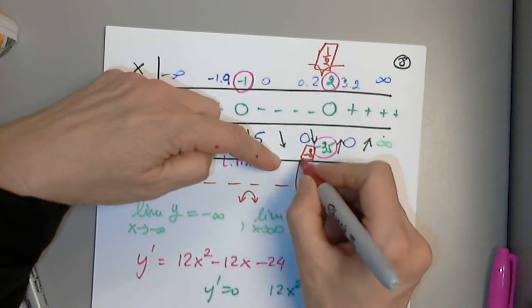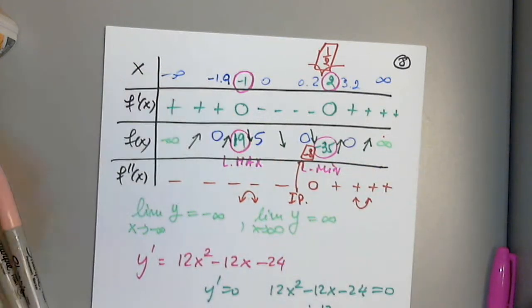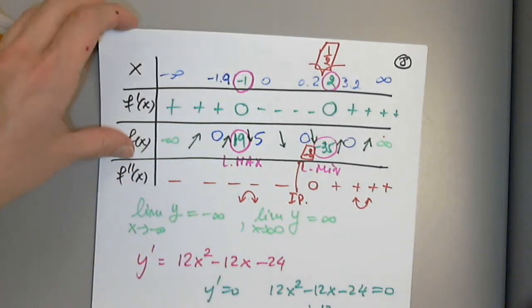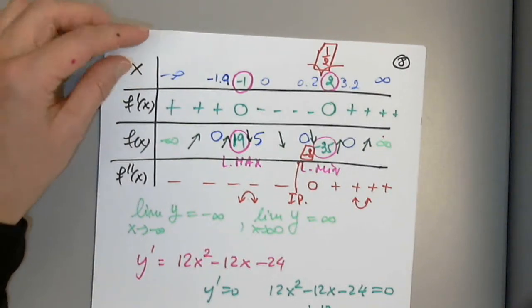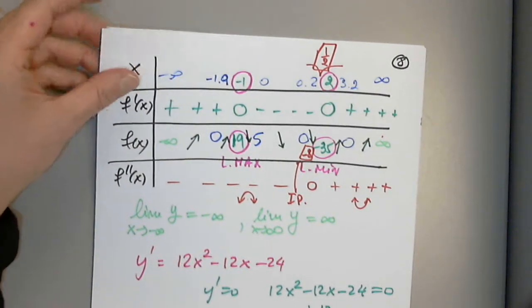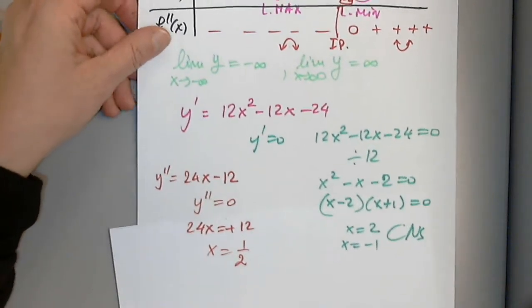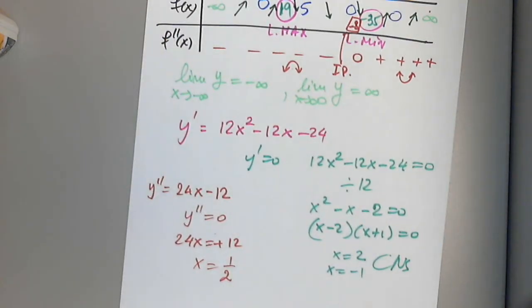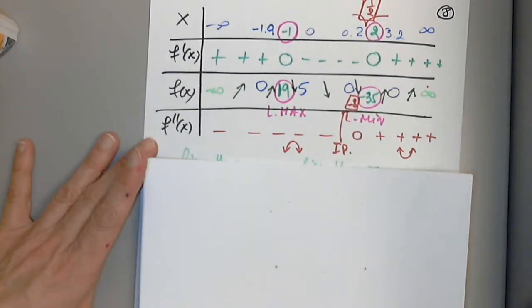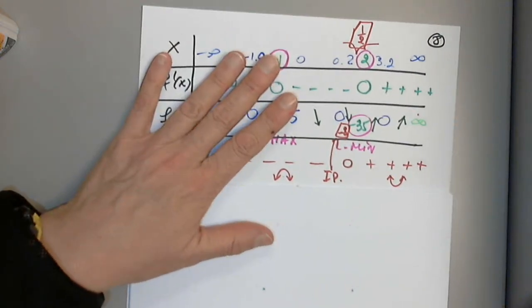So this point is the IP, inflection point. We have all the information we need. Of course, we should talk a little bit about symmetry, but this function is not symmetric. Of course, it's polynomial. It will not have any asymptotes. It's defined everywhere. All I need now is the chart.